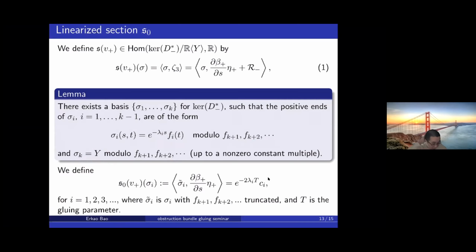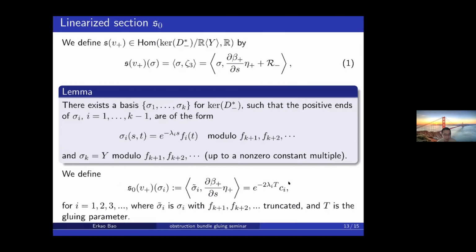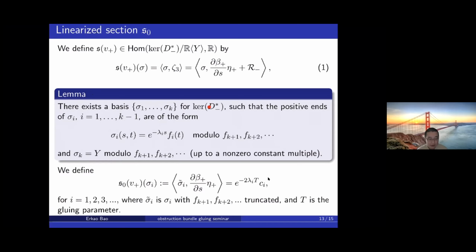And the proof of this lemma roughly goes like this. It is roughly just automatic transversality. You look at the linearized d-bar operator, but instead of the standard weighted Sobolev space, you change the weight.